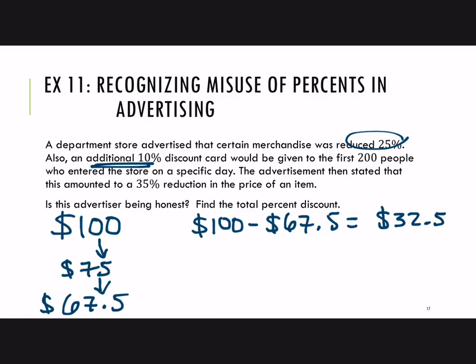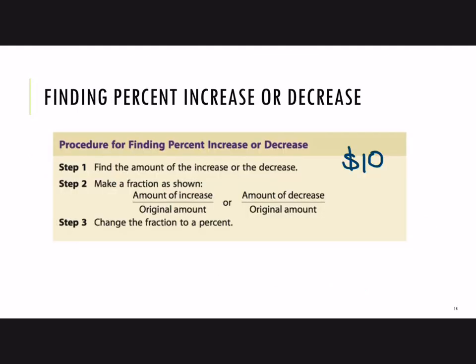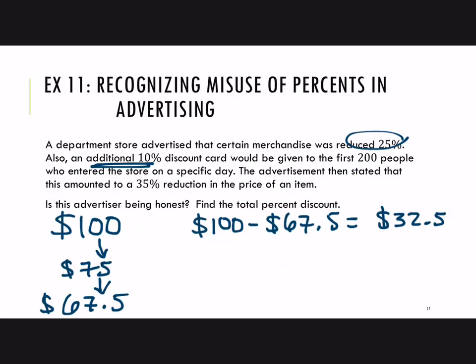Okay, and using the formula from before, the amount of decrease divided by the original amount should give us the percent discount. So we have the amount of the decrease, $32.50, divided by the original amount, 100.